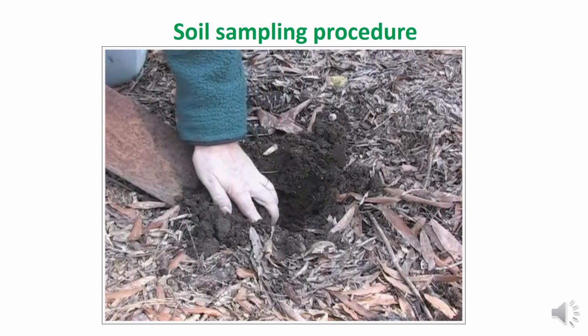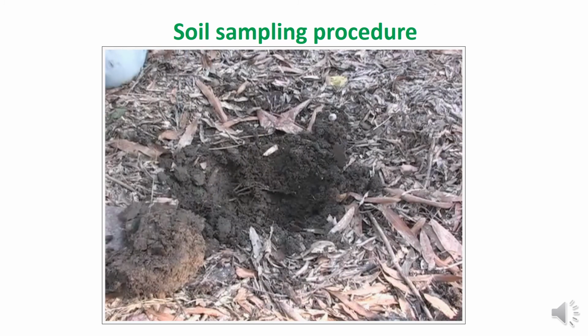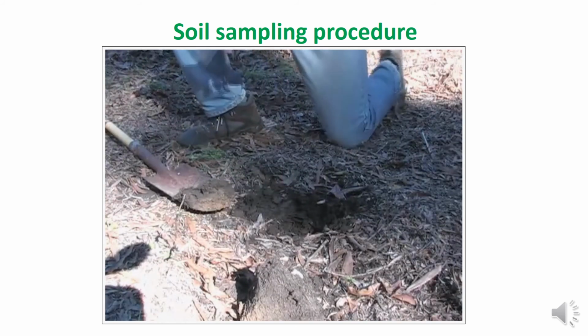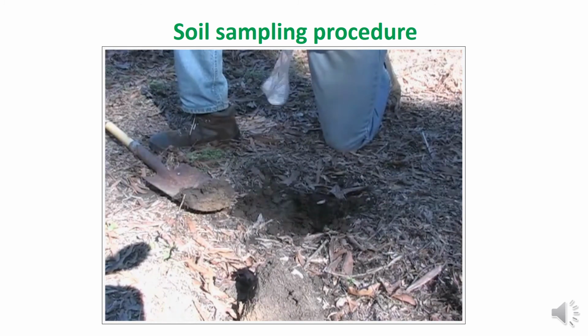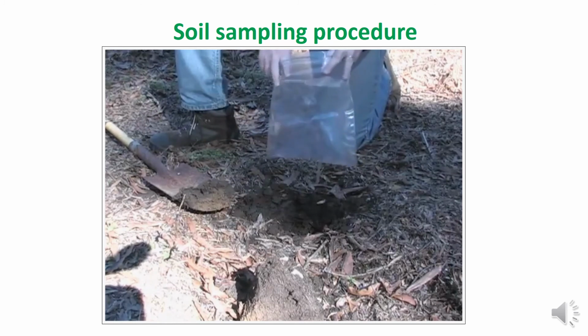Then we take a fine thick slice from the smooth side, trim the slice leaving a fine strip, and dump this strip into a clean bucket. We must have a bucket. The several samples collected randomly from a particular field are put into the bucket and mixed all together.